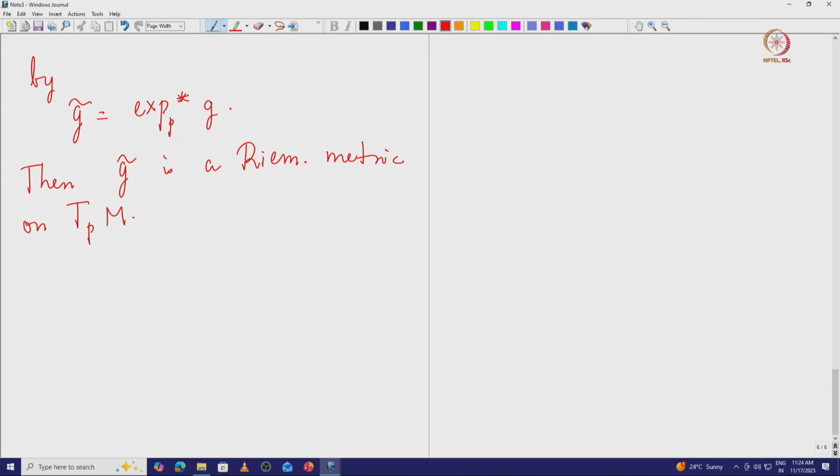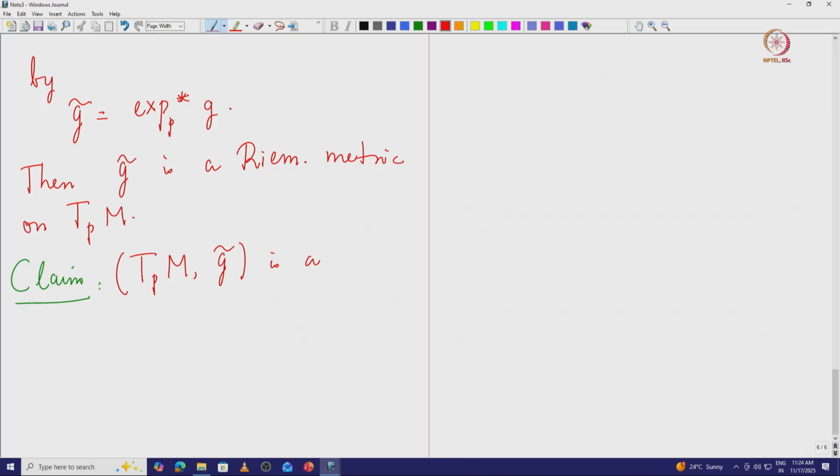My claim is that this is in fact a complete metric. So, claim: the tangent space, I mean the tangent space is of course diffeomorphic to Rn.